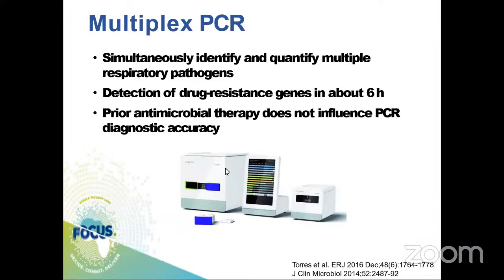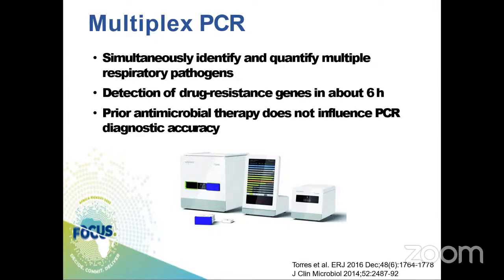Now, if you look at multiplexing, you can simultaneously identify and quantify multiple respiratory organisms. I have said most of them target 23 to 34 organisms. You identify within 1 hour or less, or maybe 2 hours, depending on the tool you're using. From the same sample, you can also detect the drug-resistant genes in about 6 hours. I know some even do it within 1 hour.